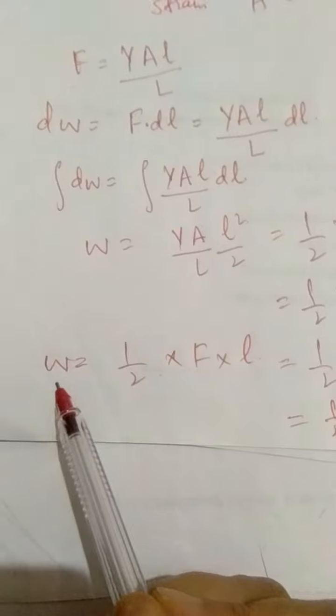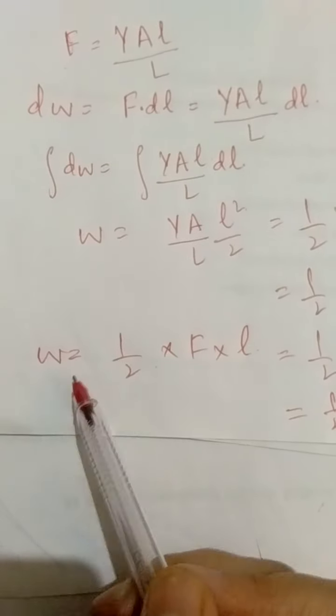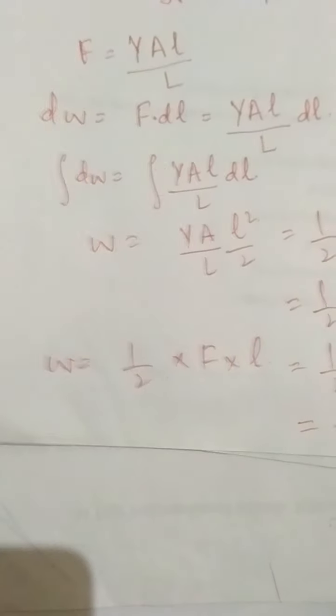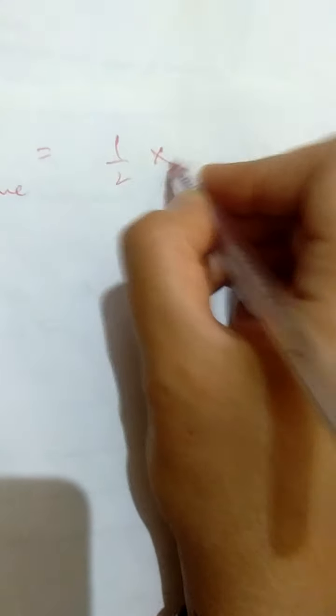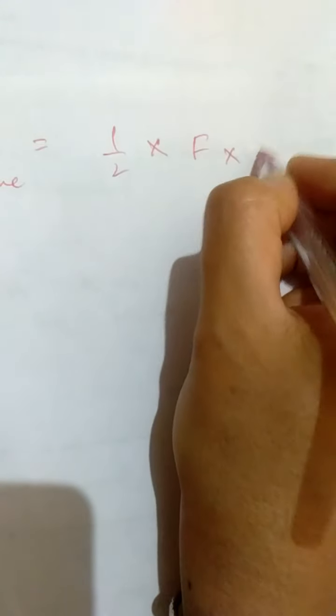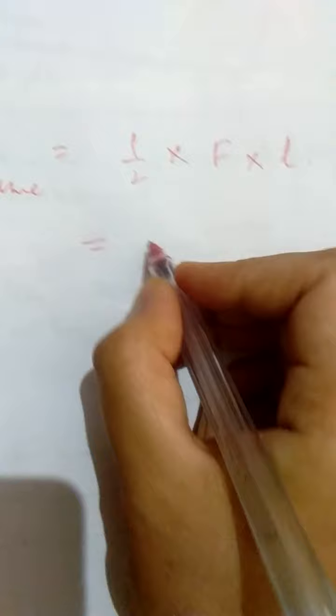Now, if we want to find what is the work done or what is the potential energy stored per unit volume of the wire, how do we do that? We do that by, so work done per unit volume will obviously be half of, what expression did we obtain? F into l. Let me write that again. What modification did we do?